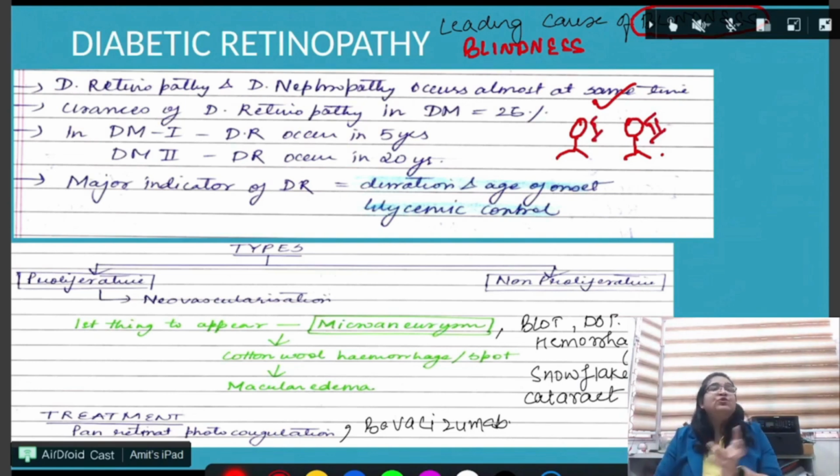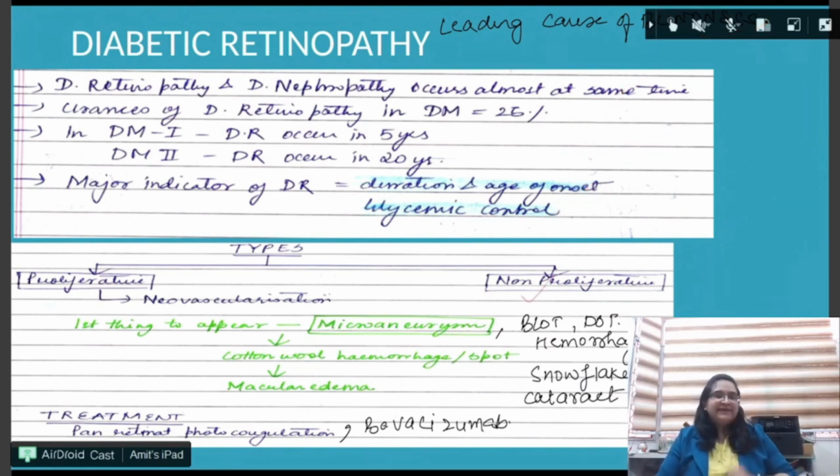That is the type 2 person, because we don't know for how many years he has had diabetes mellitus. Major indicators are the duration, age of onset and glycemic control. Strict glycemic control is very important to control the microvascular pathies.